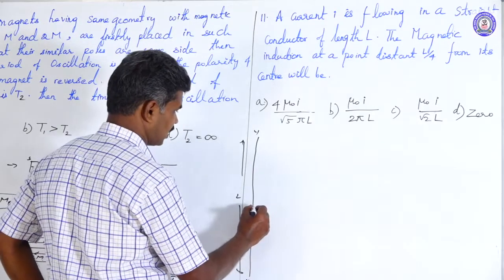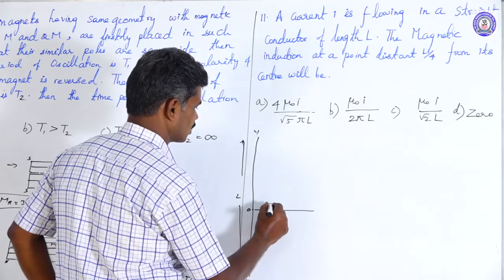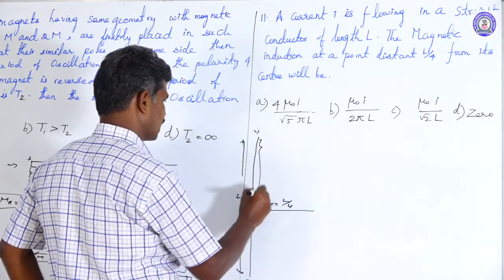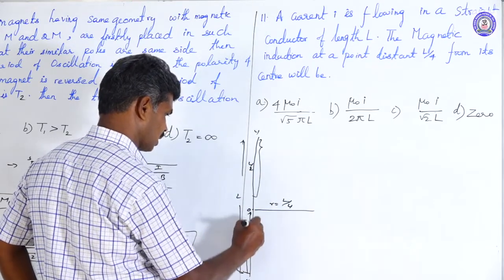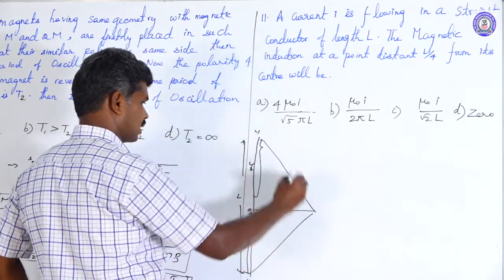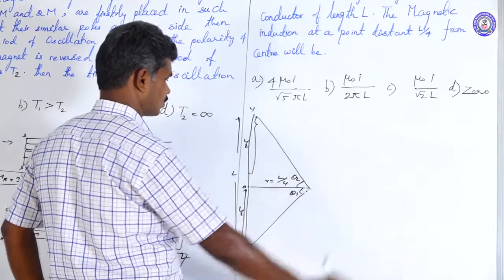We have taken the center point as O, and the distance R is equal to L by 4. So this side is L by 2, and here also we can take L by 2, with the lines joining the ends of the conductor making angles theta 1 and theta 2.